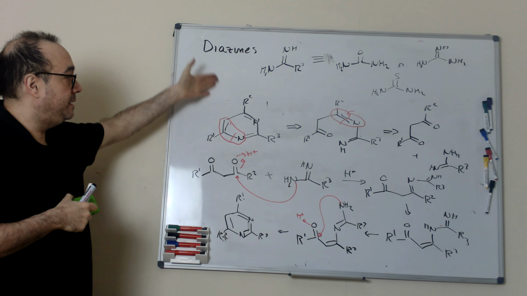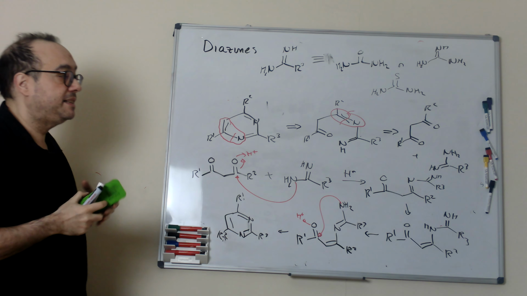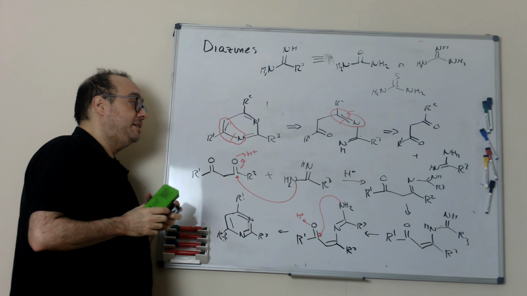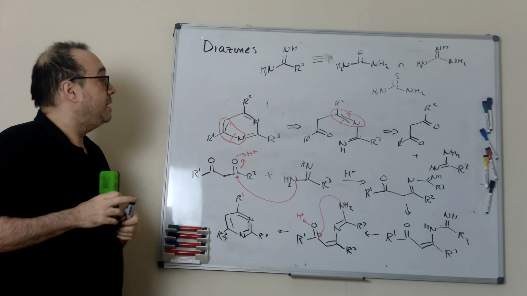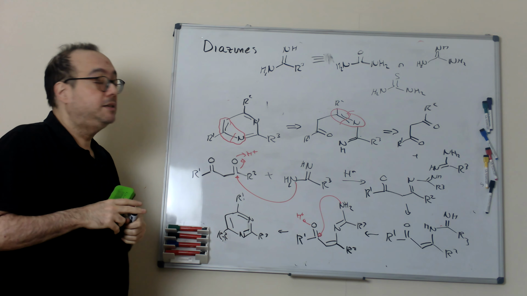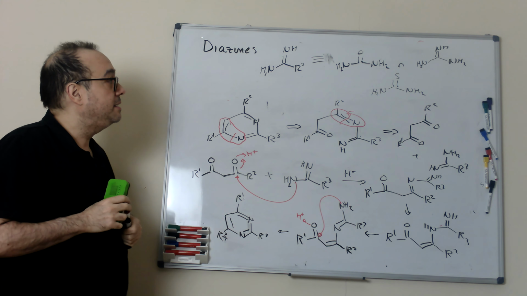This is the mechanism for the acid catalyzed synthesis of pyrimidines. That is probably the most important synthesis of pyrimidines. Please check the notes about the basic one. That's all for diazines.